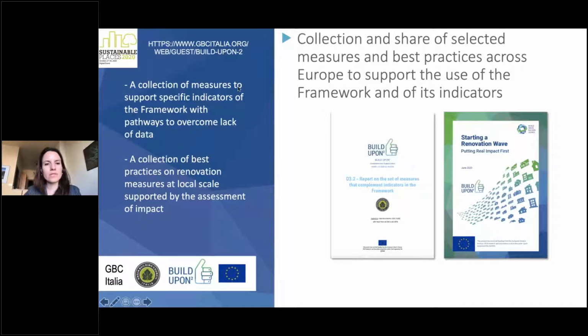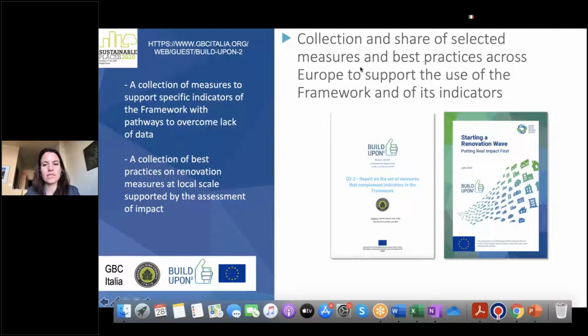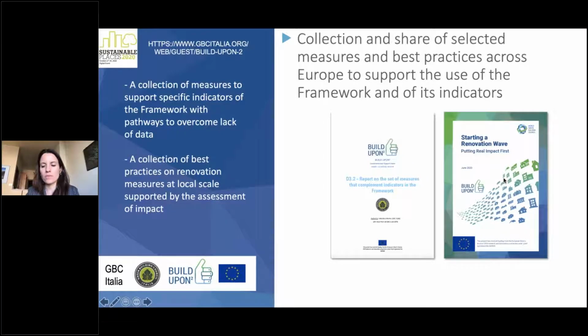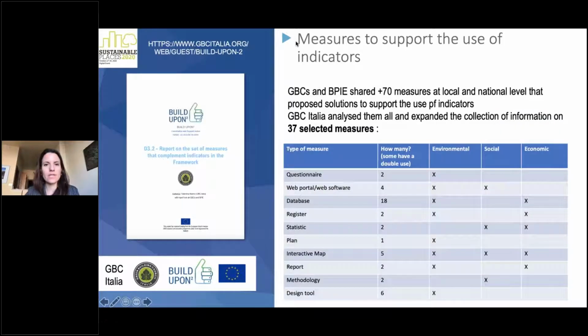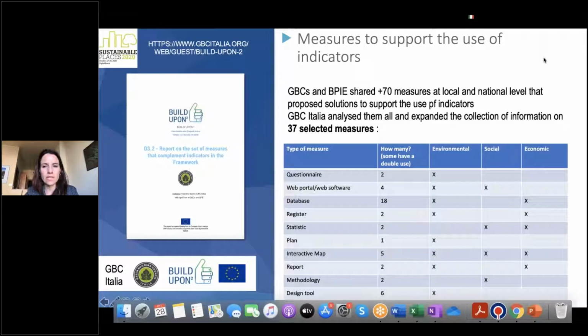Then we produced other reports that collect best practices in terms of renovation measures, and we published this, for instance, this report Starting the Renovation Wave, in order to support the European Commission renovation wave initiative within the Green Deal of the European Union.